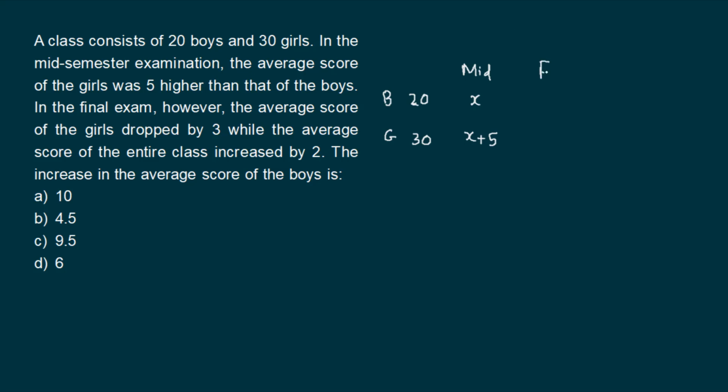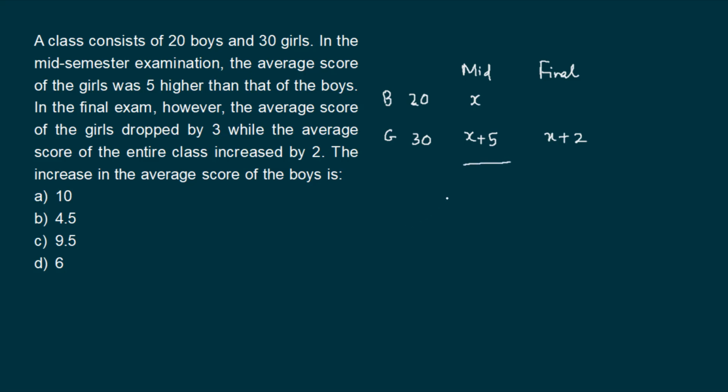In the final exam, however, the average score of girls dropped by 3. That means their average score becomes x plus 5 minus 3, that is x plus 2, while the average score of the entire class increased by 2.